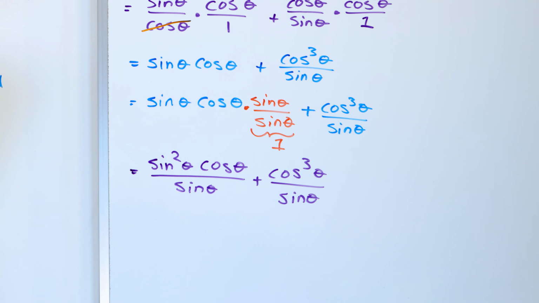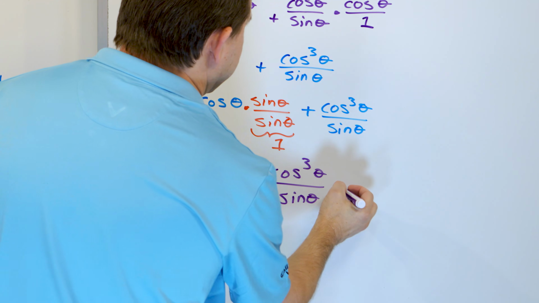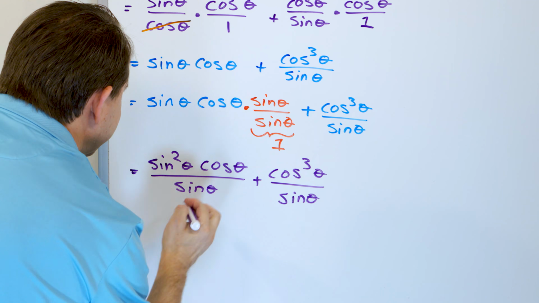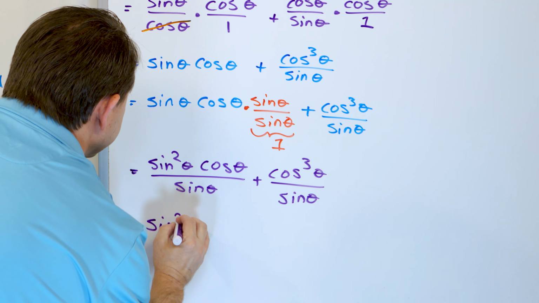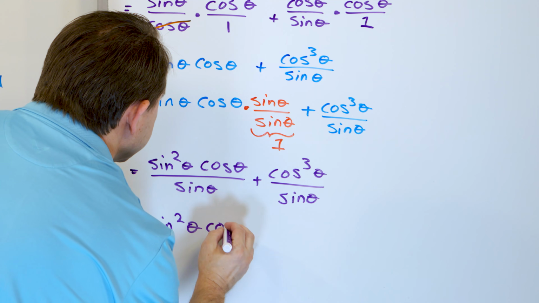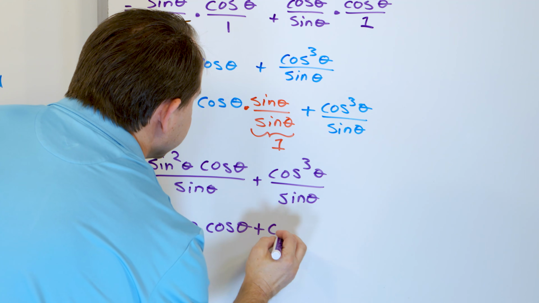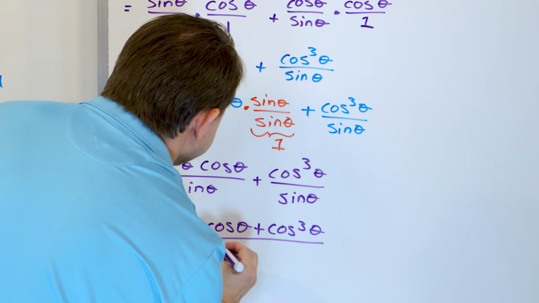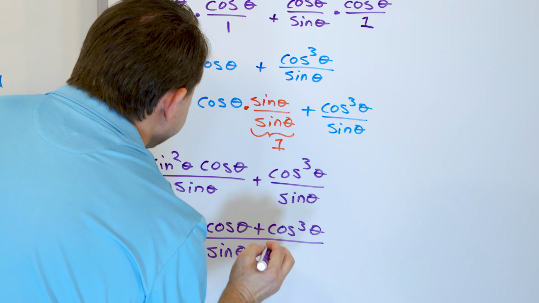Now I have a common denominator, and I can add these together. So I'm going to add the numerators: sine squared theta, cosine theta, plus cosine cubed of theta, all divided by sine of theta.